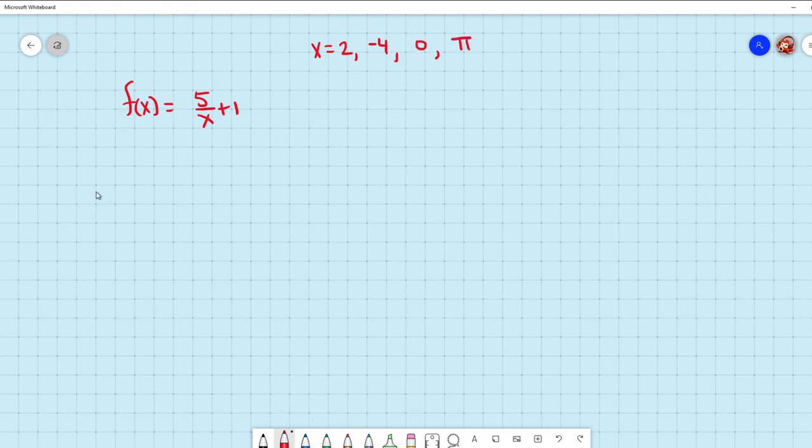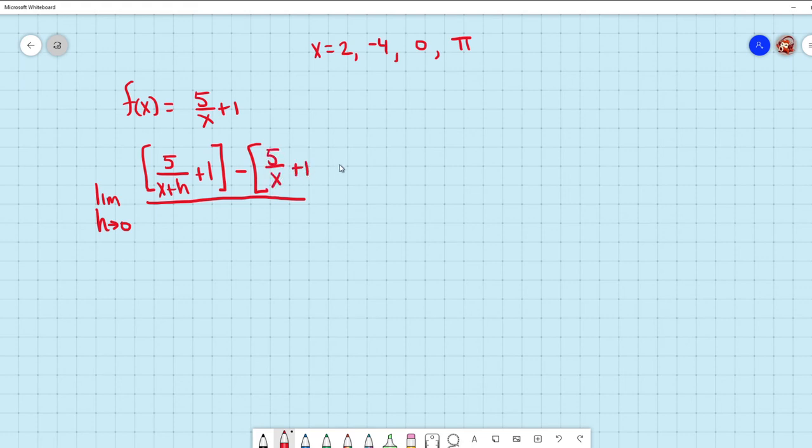I'm going to first start with getting our general derivative rule using the limit definition. So f of x plus h, that would make this be 5 over x plus h plus 1. Okay, so I'm going to put this in brackets just to signify this is our f of x plus h, minus f of x, all over h.